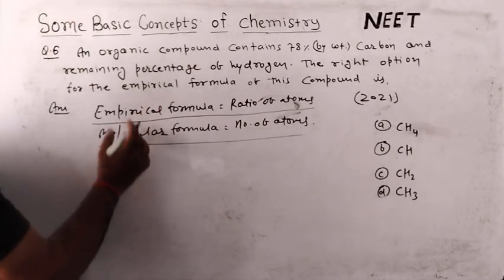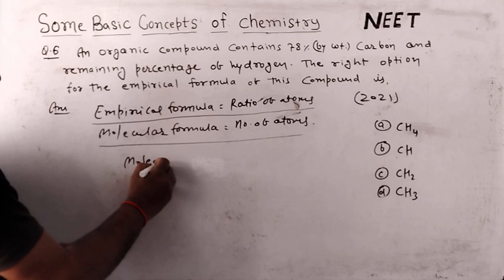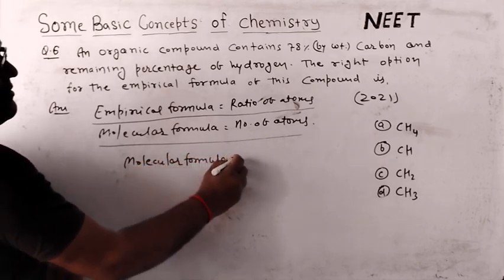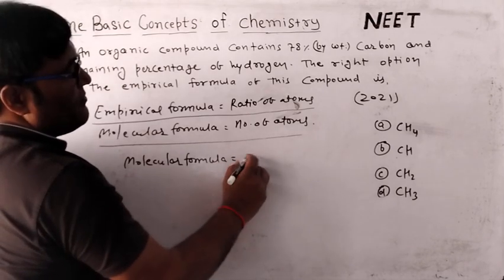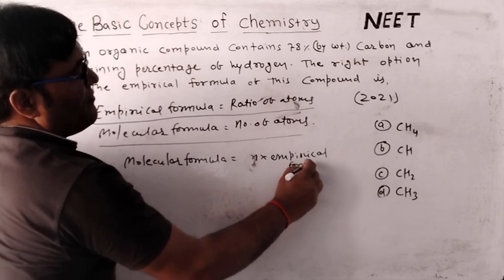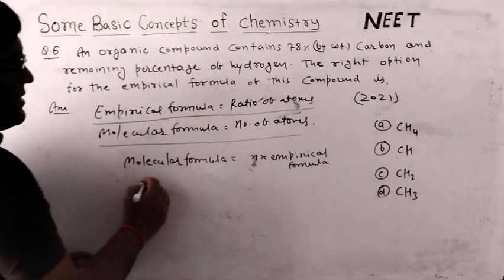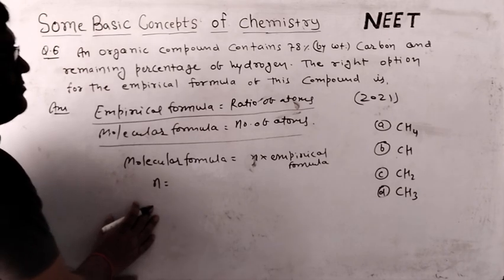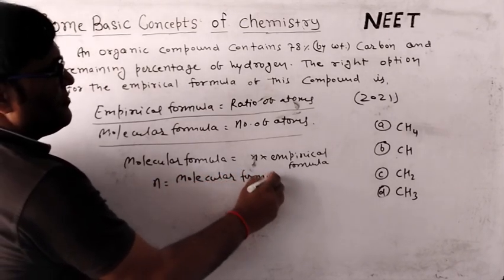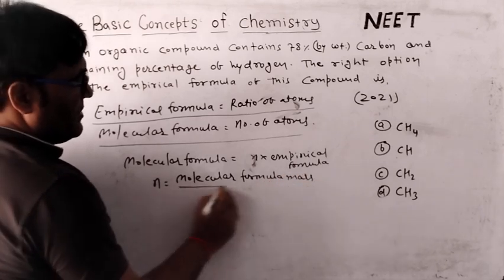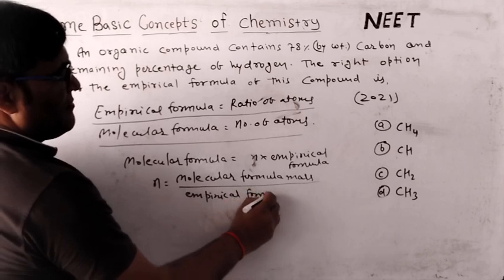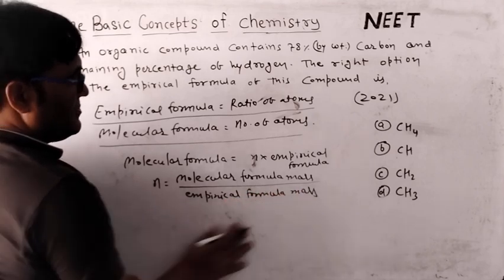Now, the relation between empirical and molecular formula: molecular formula is equal to n into empirical formula, and n is equal to molecular formula mass by empirical formula mass.